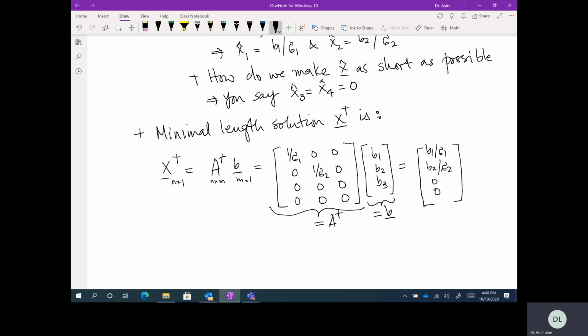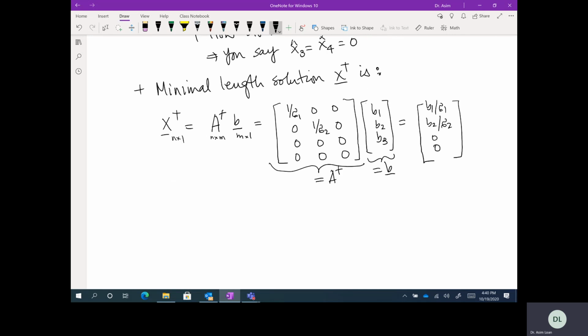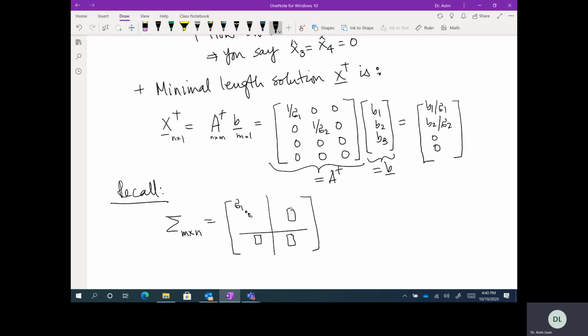Okay, and so recall, if sigma, m by n, is like this, with 0s, where this is sigma 1 and this is sigma r, this implies sigma plus, which is n by m, is simply 1 over sigma 1, up to 1 over sigma r, and then we have 0s in this matrix over here.